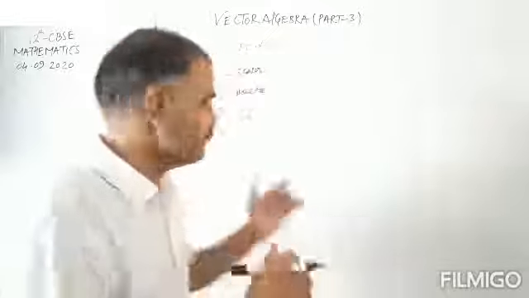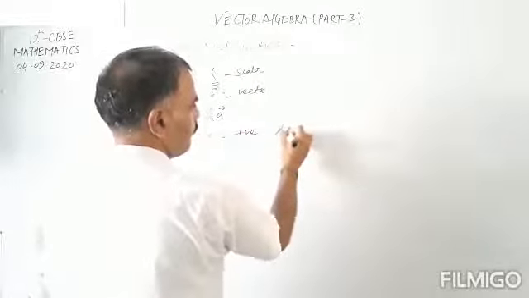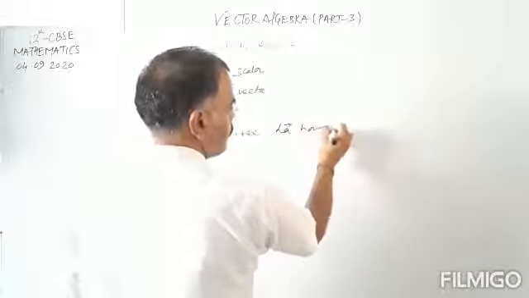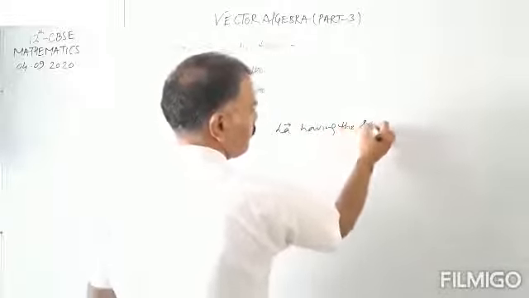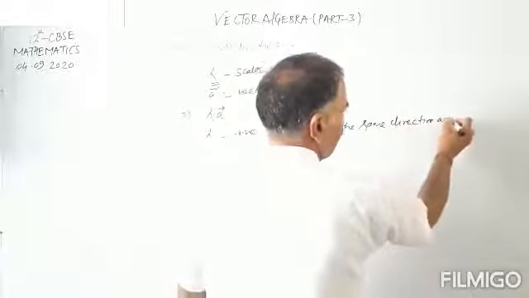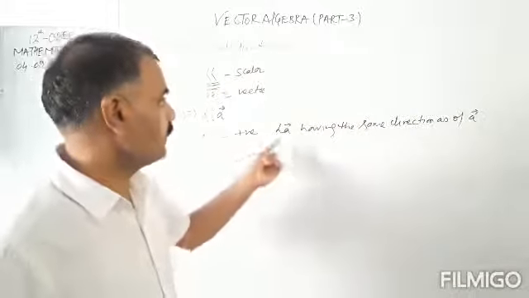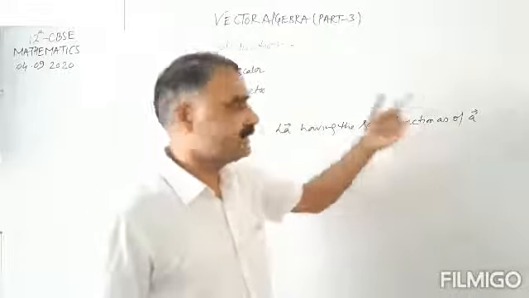If lambda is positive, then lambda A vector has the same direction as A vector.